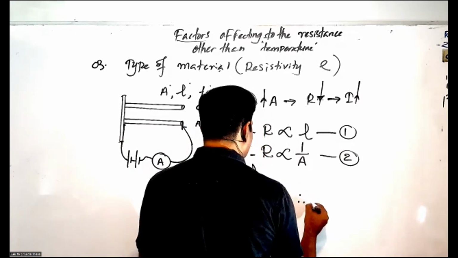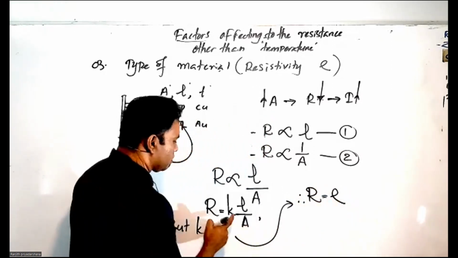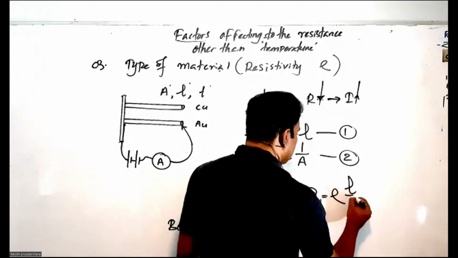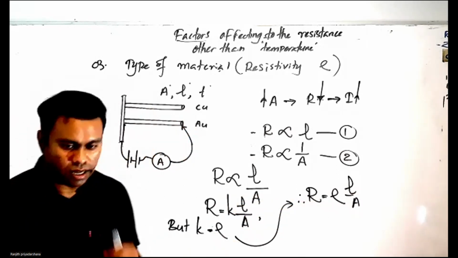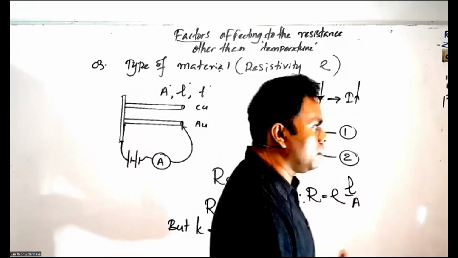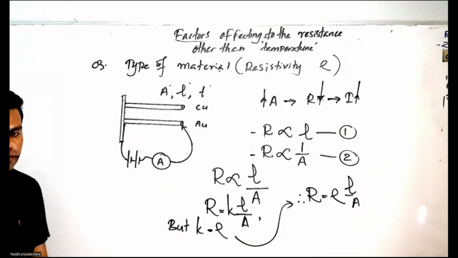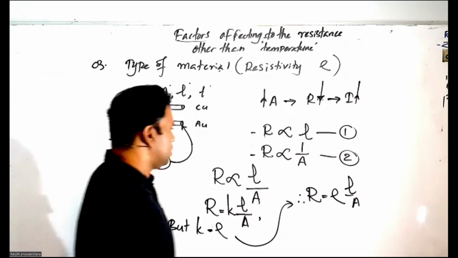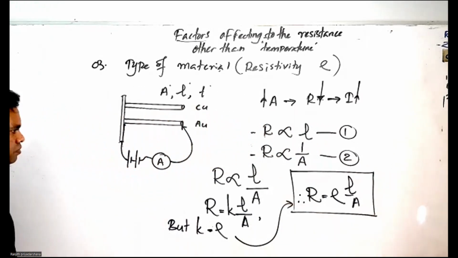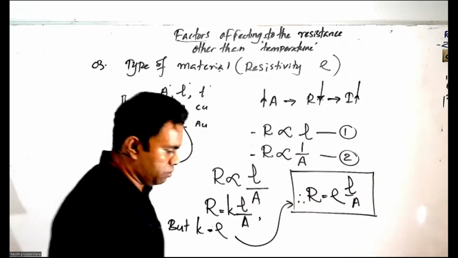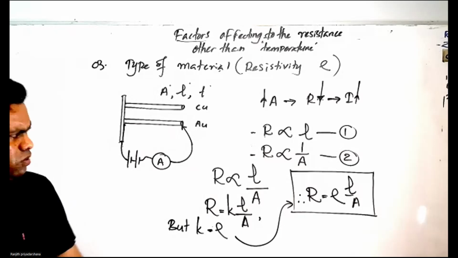Therefore, resistance equals rho L upon A. Rho is the constant that depends on the material. That constant depends on different materials. So this is the equation used in earlier calculations. It used to be in grade 11, and there are such calculations in old papers too.